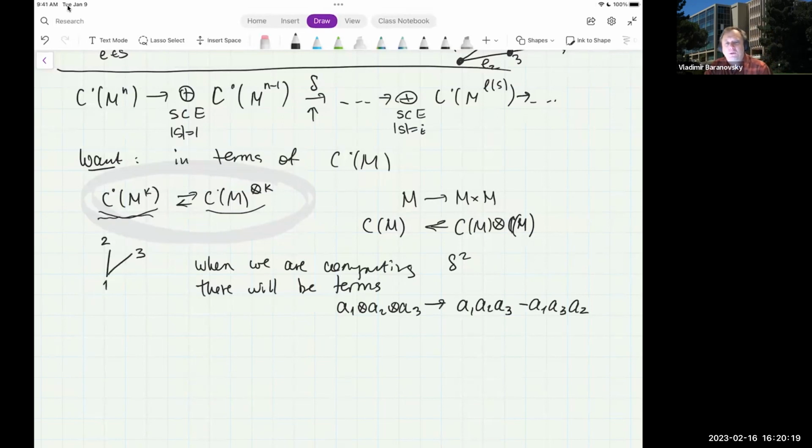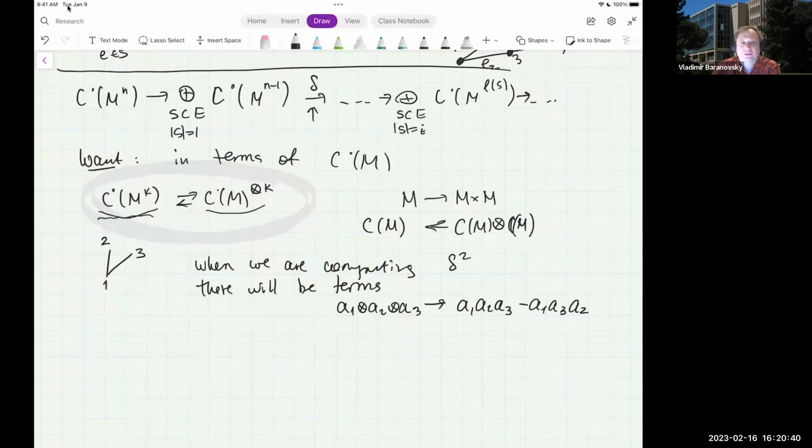If we were dealing with a commutative algebra computing the cohomology, that would cancel, and the differential would actually square to 0. But if we insert cochains, then we would be in trouble. So this delta squared is not equal to 0.